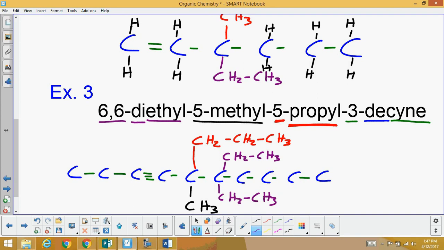And we've got 5-methyl, 5-propyl. 3 is our triple bond, and then we have 1, 2, 3, 4, 5, 6, 7, 8, 9, 10 carbons. So now we have 6,6-diethyl, 5-methyl, 5-propyl, 3-decyne.